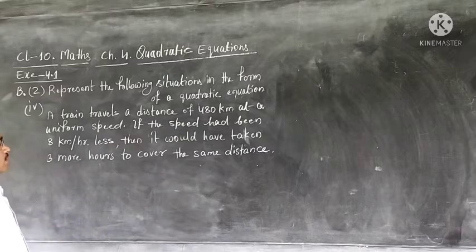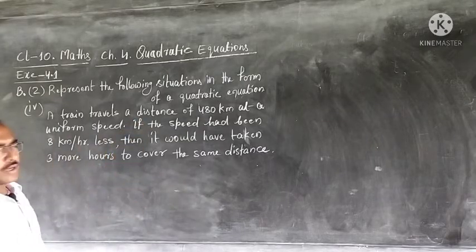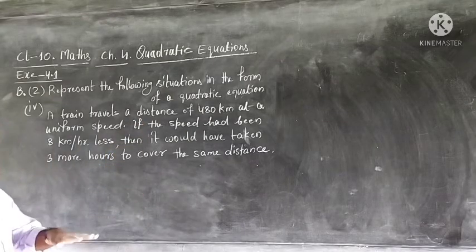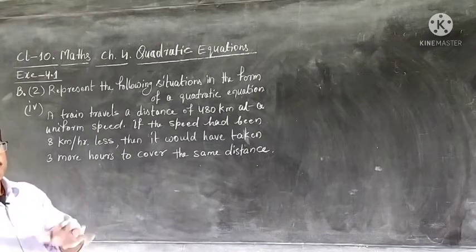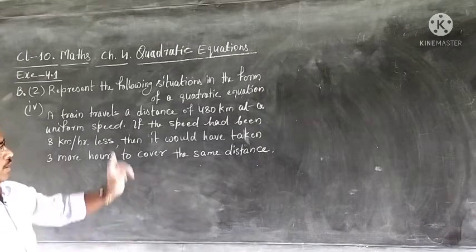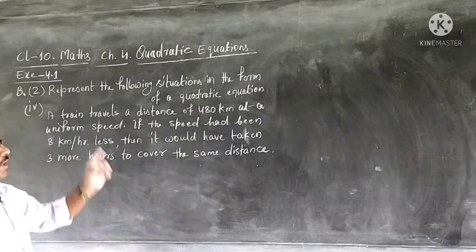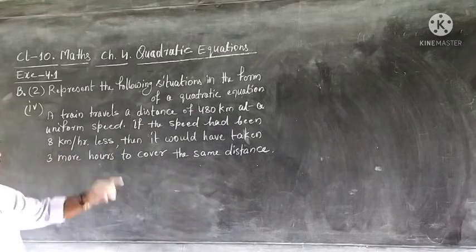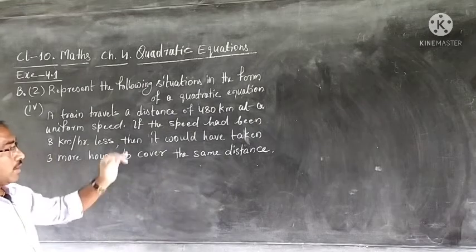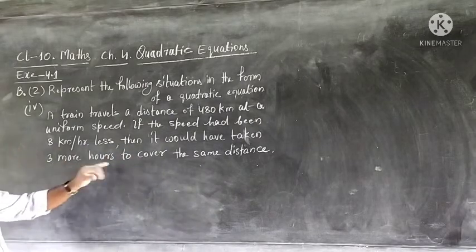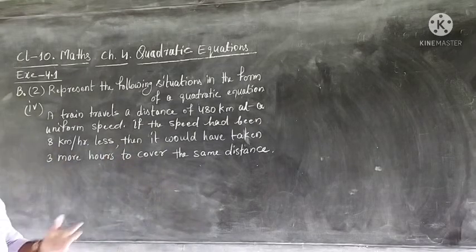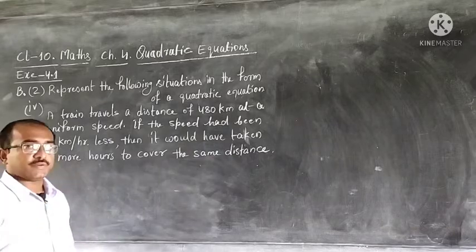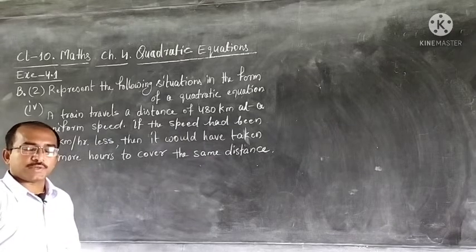So, here the train is travelling 480 kilometer at uniform speed. What speed was that? We do not know, but the second sentence says that if the speed had been 8 kilometer per hour less, it would have taken 3 more hours to cover the same distance. So, what was the speed of the train? Actual speed. We need to find the speed of the train.